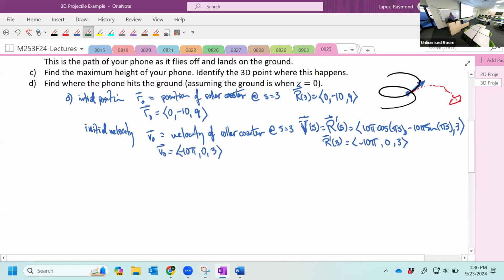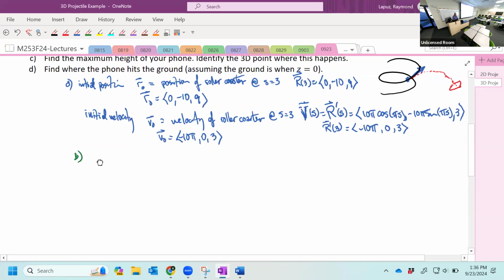Remember now that this is three-dimensional, right? So your acceleration is going to be 0, 0, negative 32. Because it's three-dimensional, the z is going to be the height, and that's where the gravity comes down on.